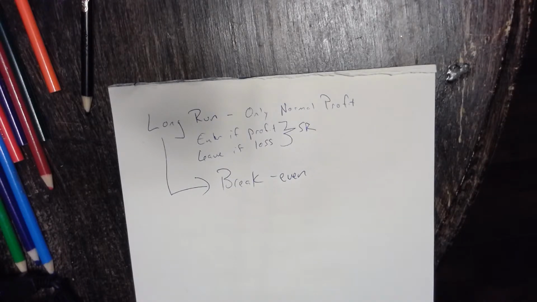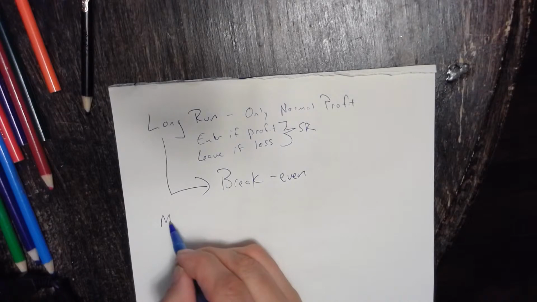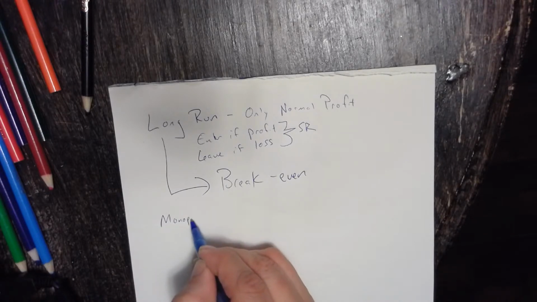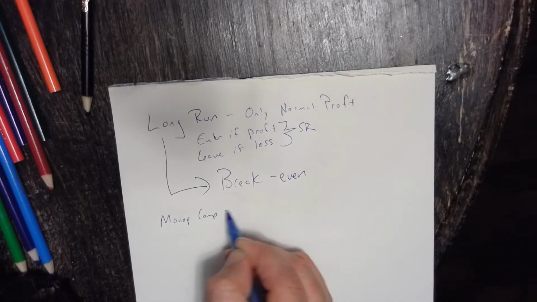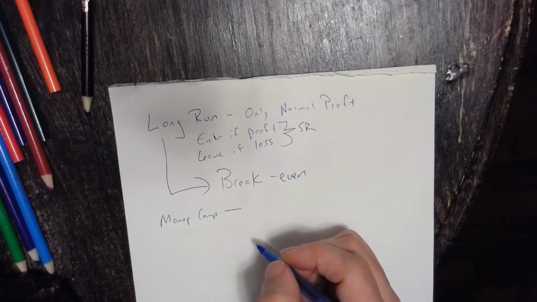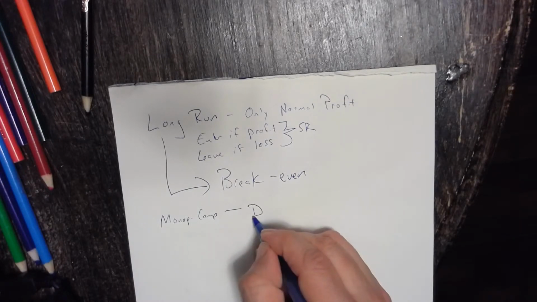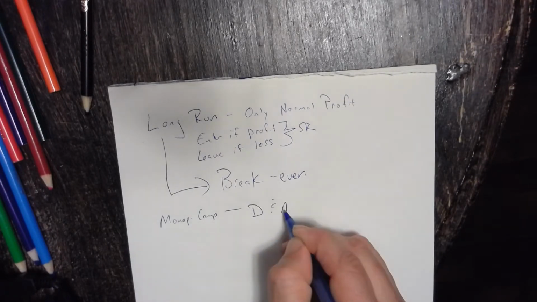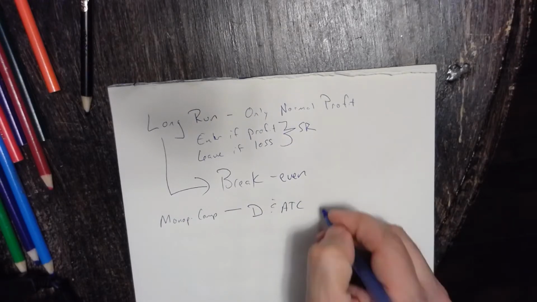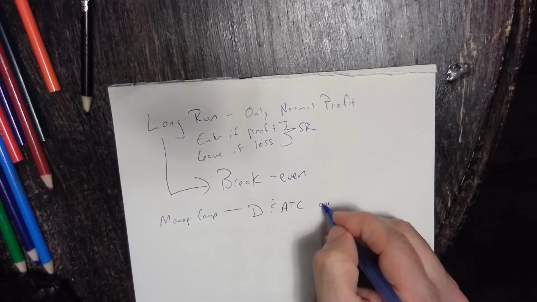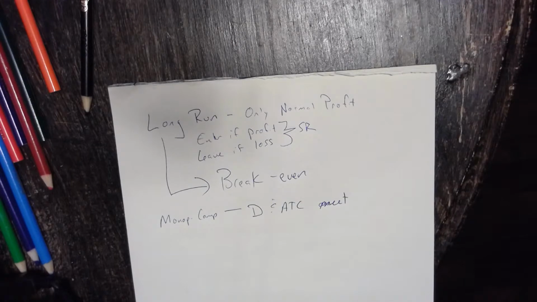So, in a monopolistic competition, all right, firms will enter as long as your demand and your ATC curves meet. Not equal, but meet. All right?